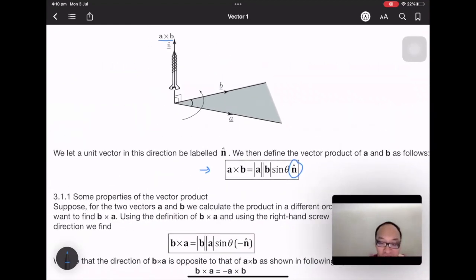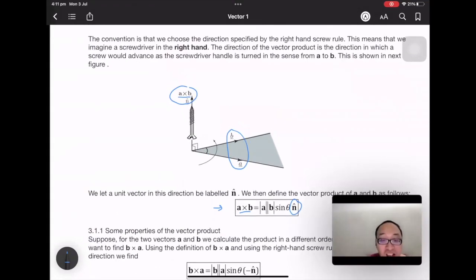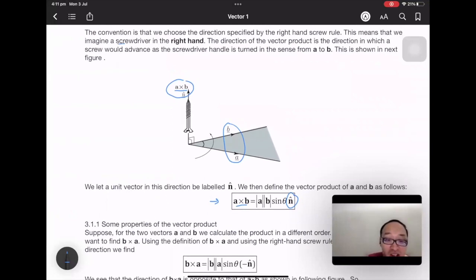So in this case, A cross B is a vector perpendicular to A and B. And the direction follows a screwdriver in the right hand. So we use the right hand rule.